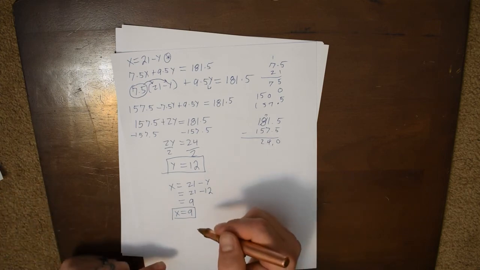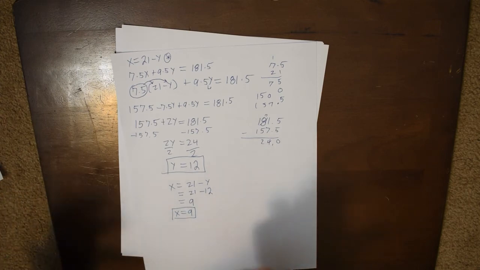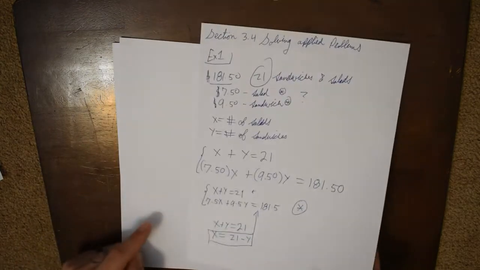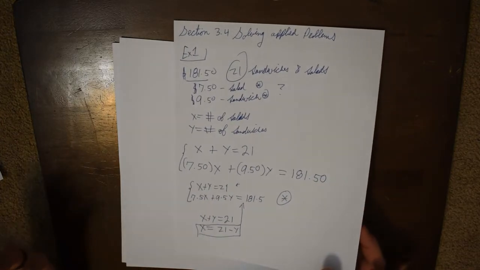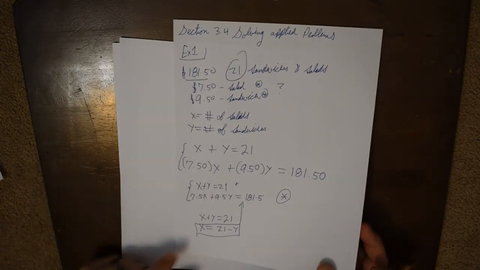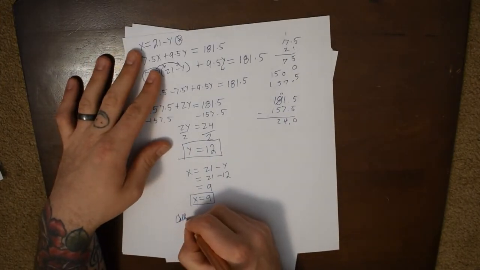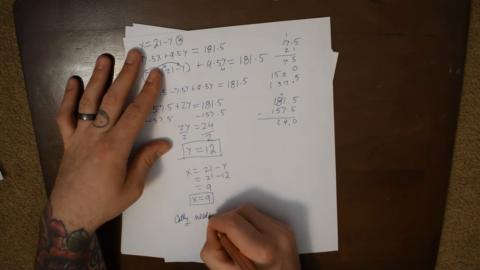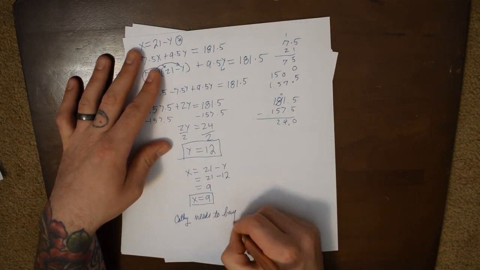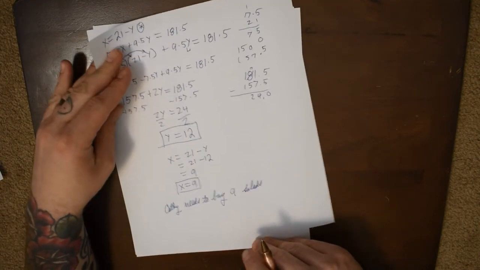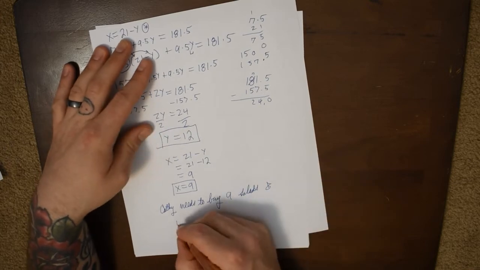Just saying x is equal to 9 and y is equal to 12 are perfectly good answers, but we were trying to solve Kathy's problem. Kathy forgot how many salads and sandwiches she ordered, so we need to answer in the context of the problem. If x was 9 and x was the number of salads, that means Kathy needs to buy 9 salads and 12 sandwiches.